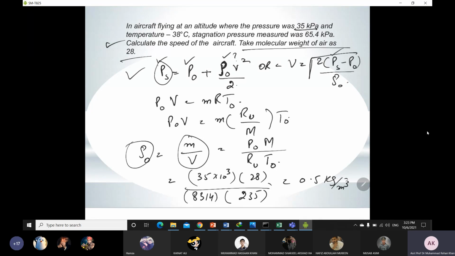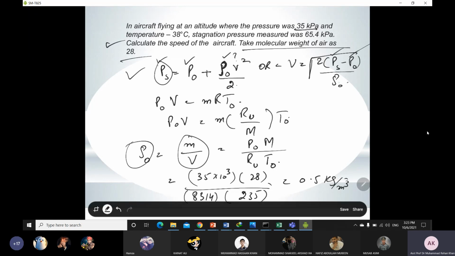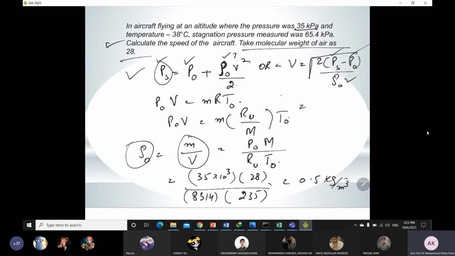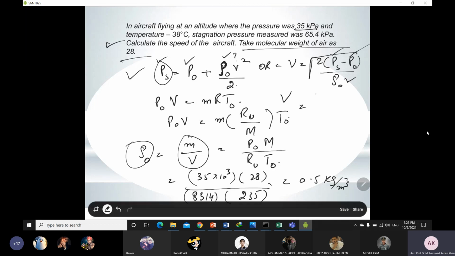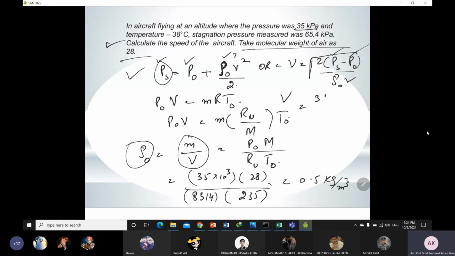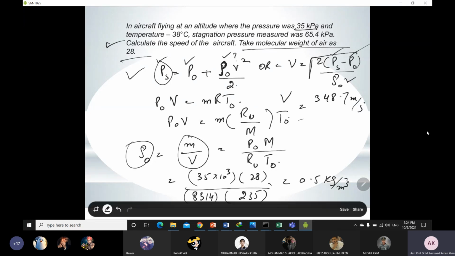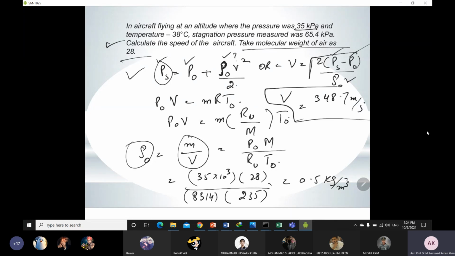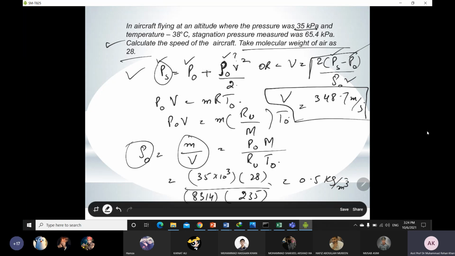We have the value of stagnation pressure, the pressure at the initial point, and rho naught we have just found. Simply plug the values in and you will get the velocity of the aircraft, which is equal to 348.7 meter per second. So this is our answer. If you have any question, you can ask, and you can note it down.